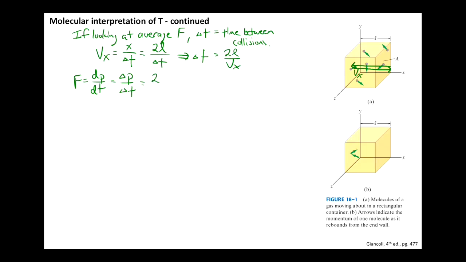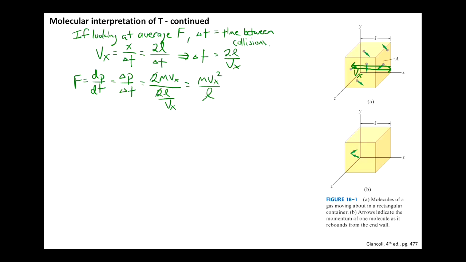That was 2 times mvx, and delta t is 2L over vx. Let's rearrange that. The 2's are going to cancel out, and we end up with mvx squared over L. And this is the force from that one molecule on average on the left wall.